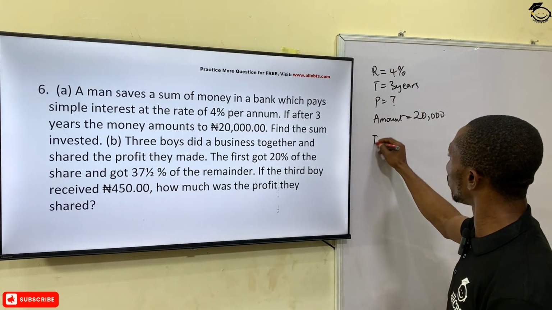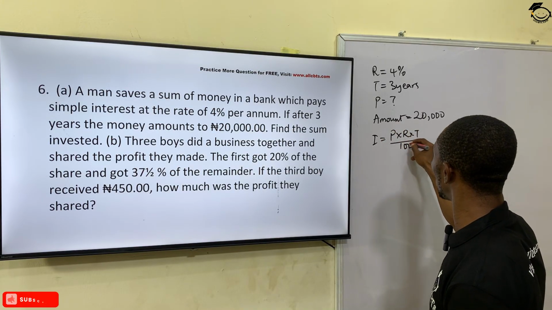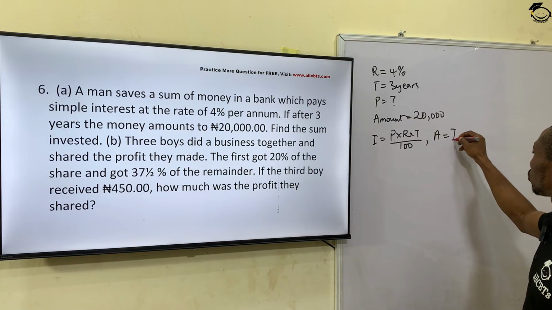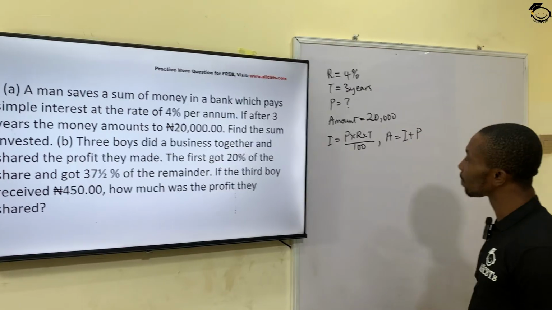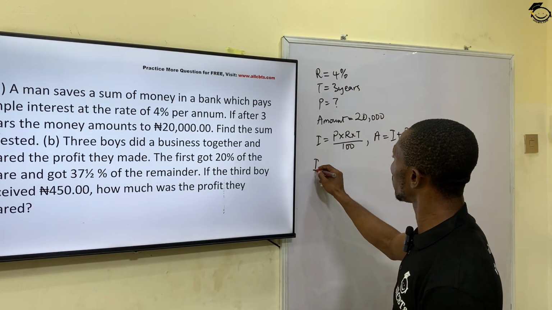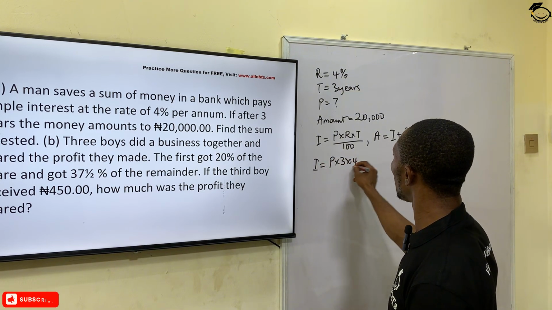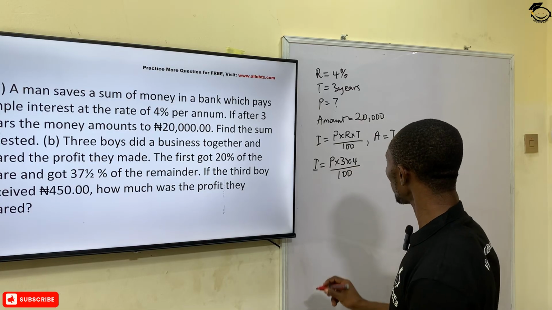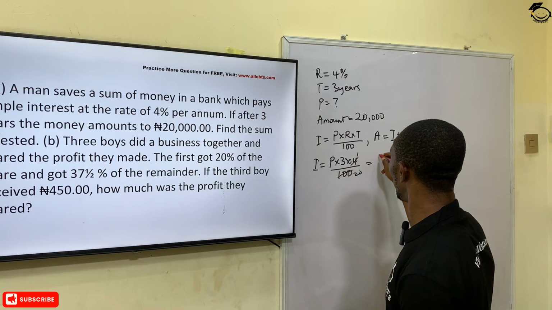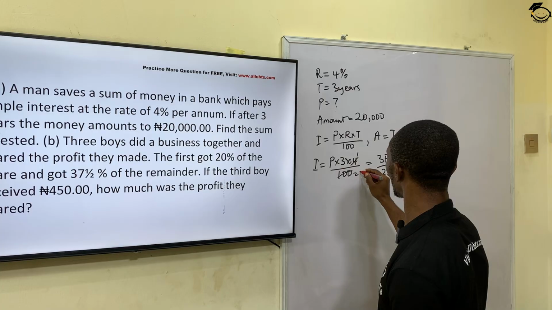And we know that interest is principal times rate times time over 100, and amount is interest plus principal. Now let's input this. We have our interest to be principal times 3 times 4 over 100. So if we cancel out, our interest will be 3p over 25.